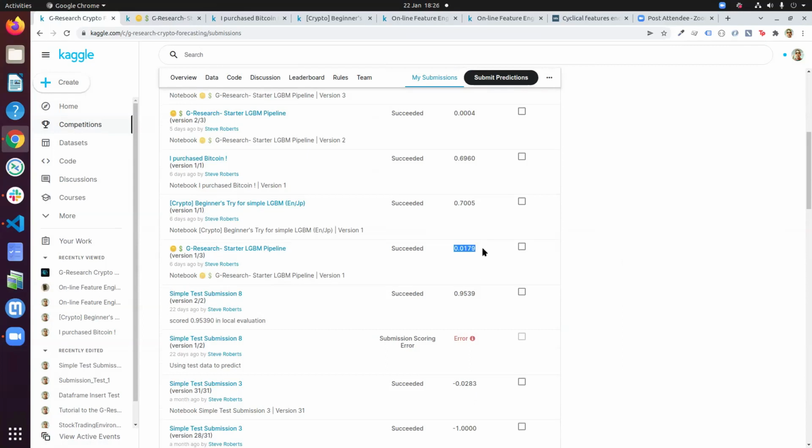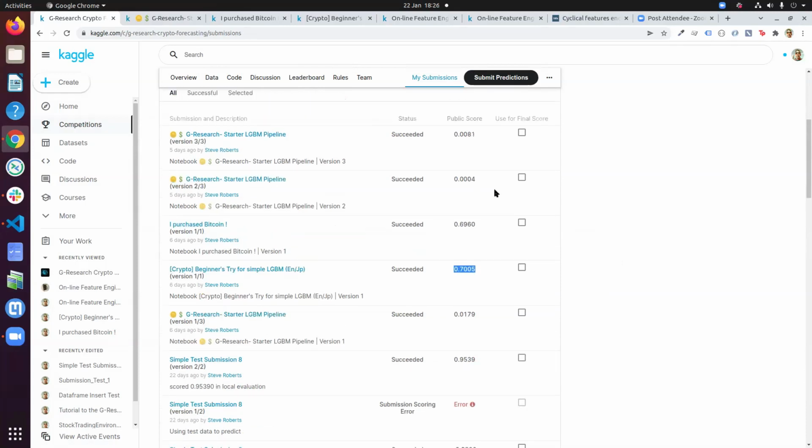If you're getting anything positive at all, people are reckoning that the winners will get maybe 0.1. These two above, these 0.7s, are ones with data leakage. So this is my best score, which would actually stand a chance of doing anything.